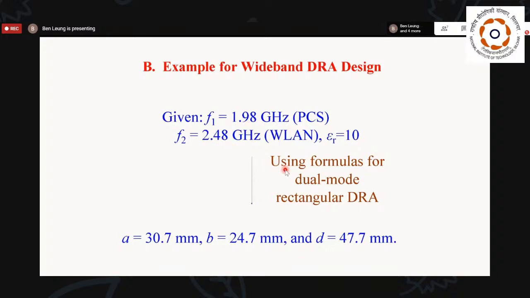By using the engineering formulas, we have the dimensions of the rectangular DRA given by 30.7 millimeter, 24.7 millimeter, 47.7 millimeter, with dielectric constant equal to 10. Now, this dielectric constant is an input parameter for our engineering formulas.